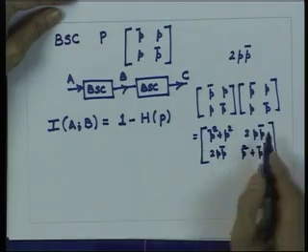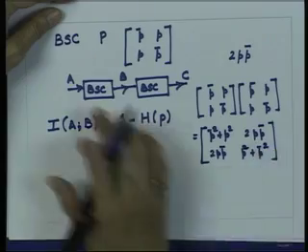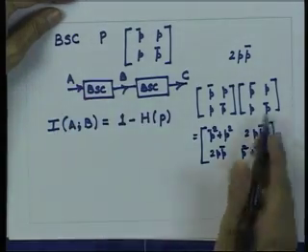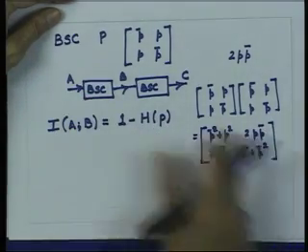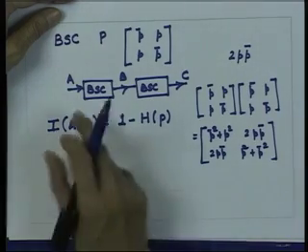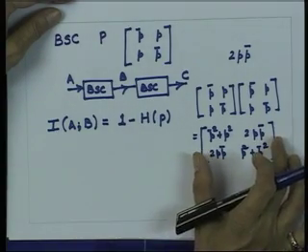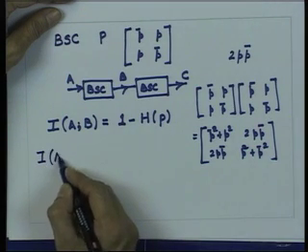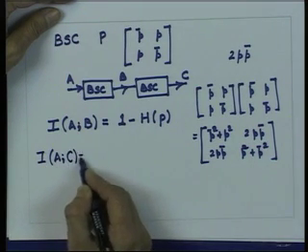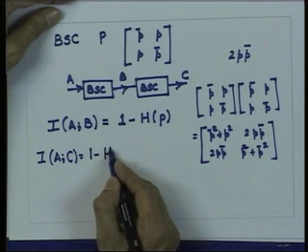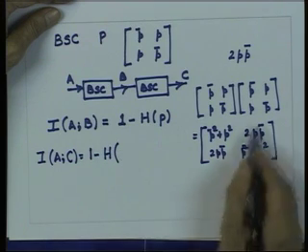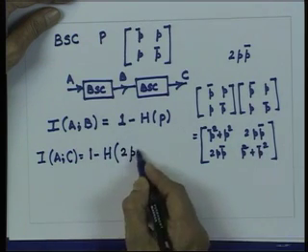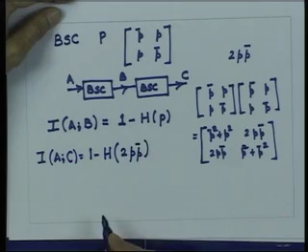So, this is the equivalent channel matrix between A and C. So, based on the single binary symmetric channel results, we can find out I of A C is equal to 1 minus H of probability of error, which in this case is 2 p p bar.